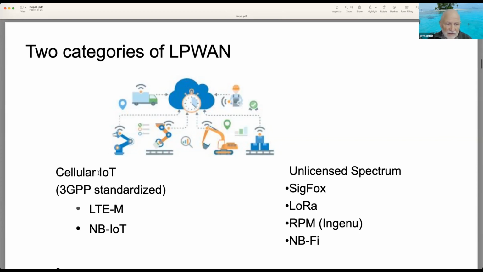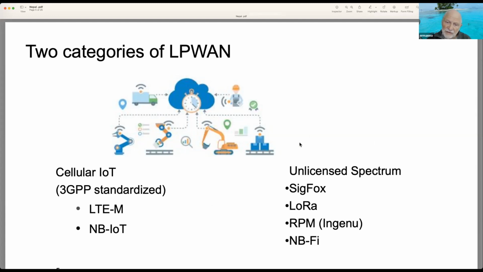So 3GPP, the standards body for cellular communication, devised two new technologies: LTE-M for machine communications, and narrowband IoT. Both of these technologies are very well suited for IoT applications, although there is still the problem that you have to pay a significant amount of money for the service.